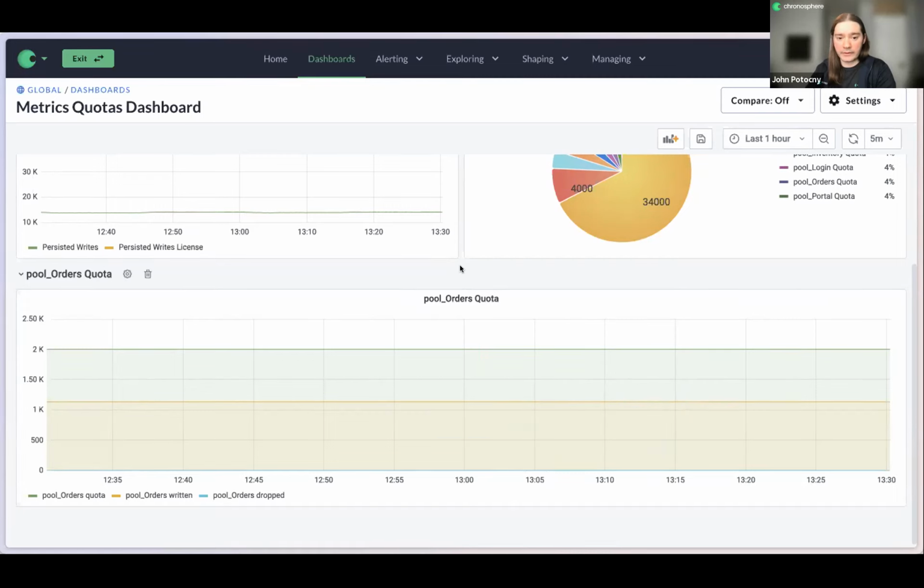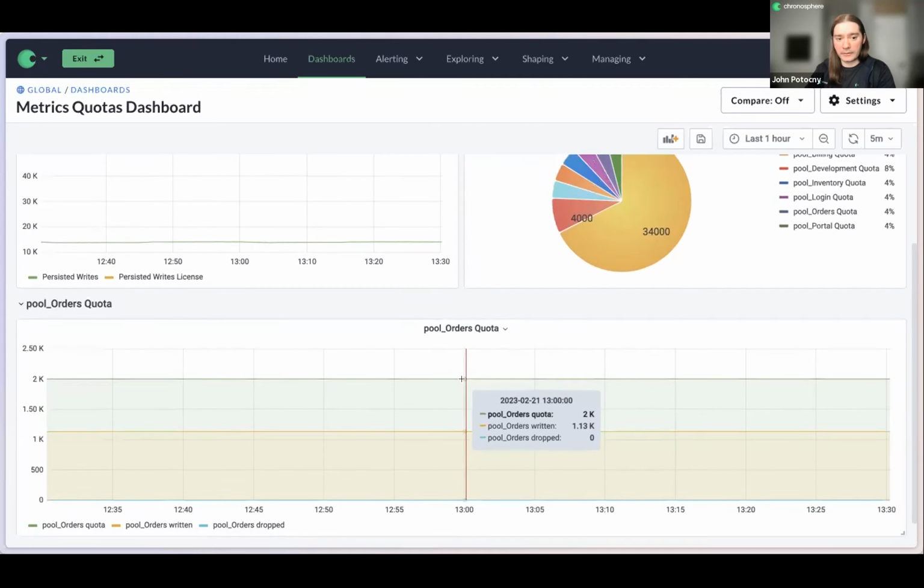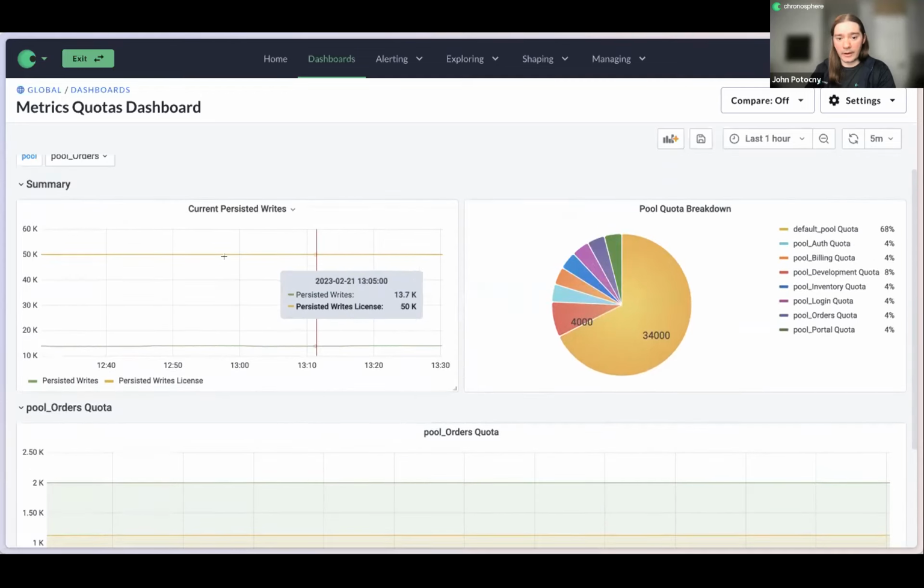The way that this works is if there's a cardinality explosion and my order service starts sending twice as much data or even more, we will track the data that's coming in compared to our total utilization. If there's capacity available in my total allowed limit, right now I've got plenty, then nothing happens.